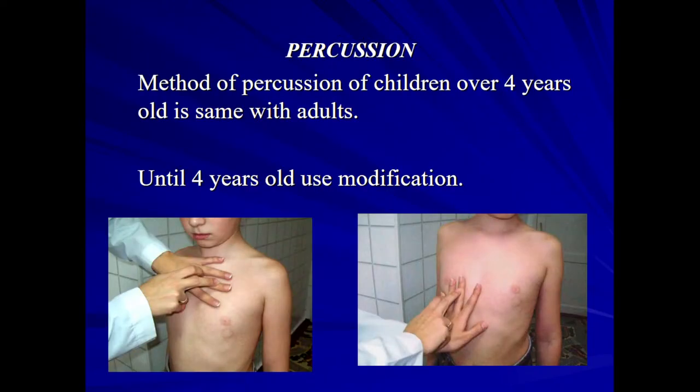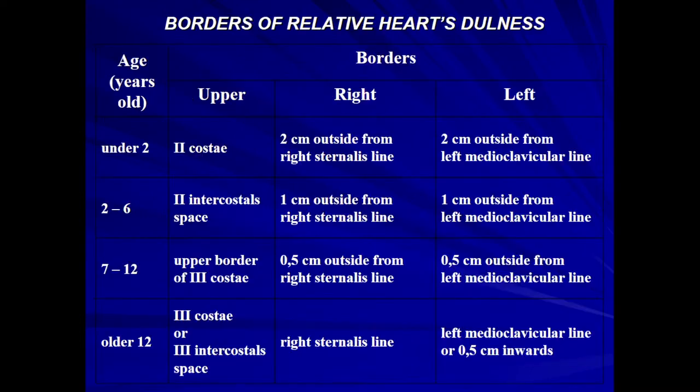Percussion. The method of percussion in children over 4 years old is the same as in adults. Percussion is used for determining the cardiac border of relative heart dullness, presented in this table.